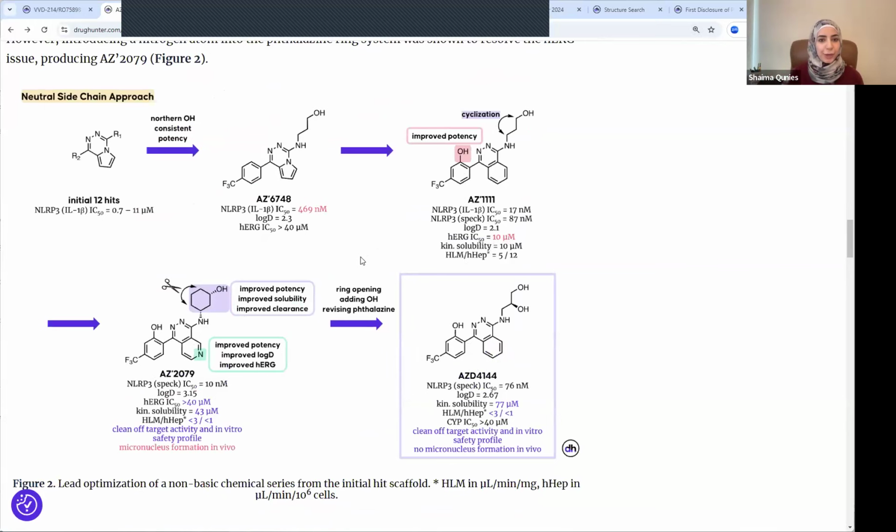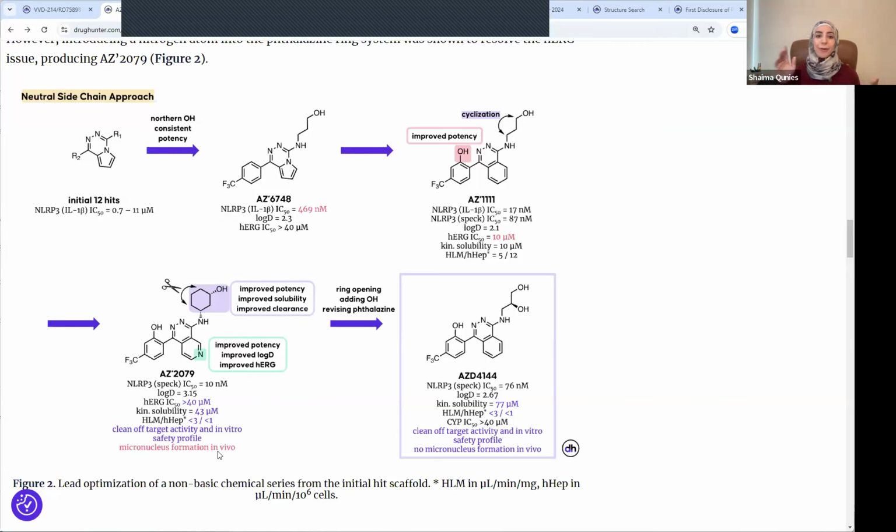Within the text, you can find more details about the things that did not work. When they did further optimization and cyclization of the upper part of the molecule, they were able to solve many liabilities, except now that they had the micronucleus formation in vivo, which is a marker for genotoxicity. So I feel like the scientists were so fed up by that time.